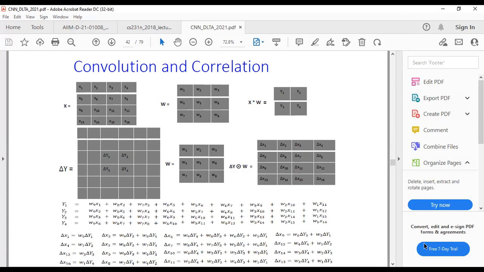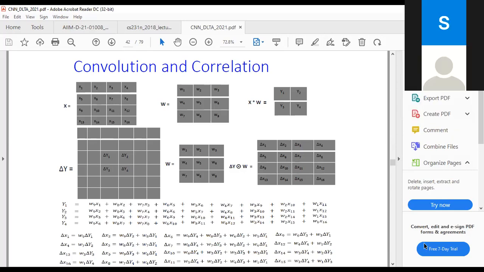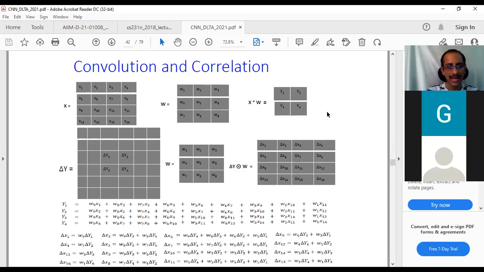Sir, W7 into delta Y2. W7 into delta Y2. Prabhat, tell. Delta Y2 into W7.